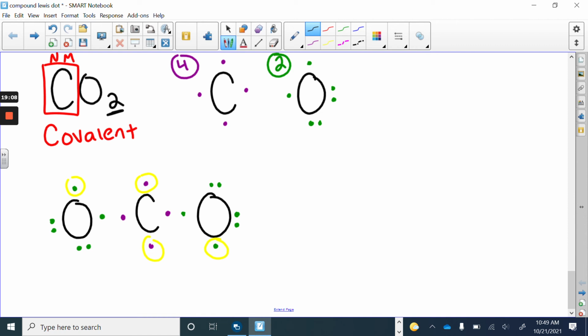That way we have everybody paired up. So we'll move this guy into the center between oxygen and carbon and move this one from carbon into the center. We'll do the same with the ones at the bottom and redraw our structure.